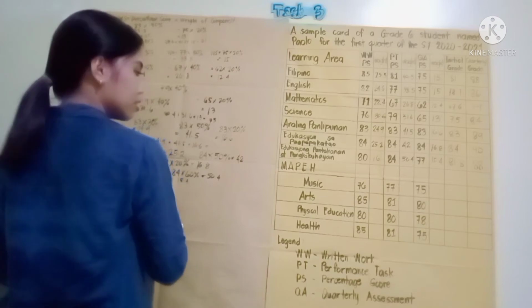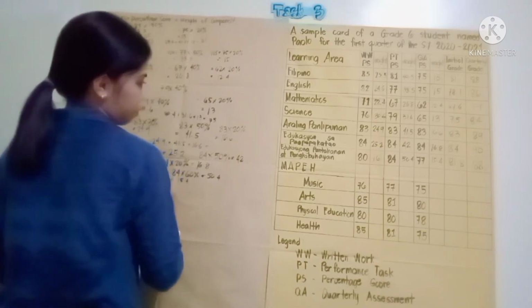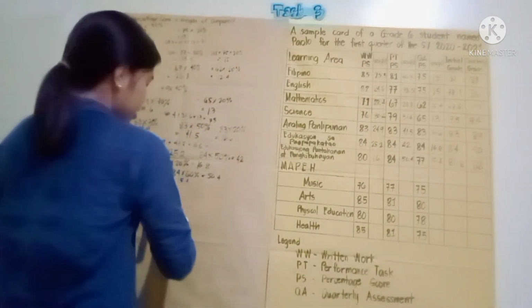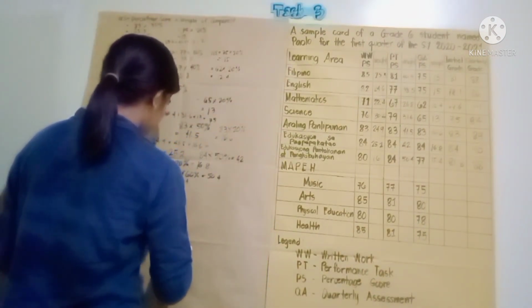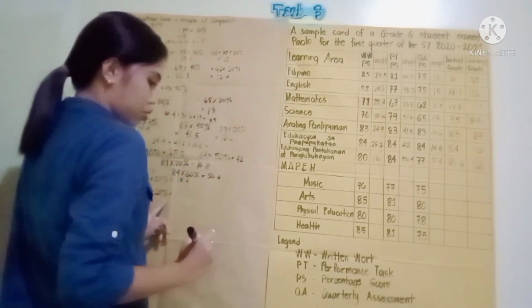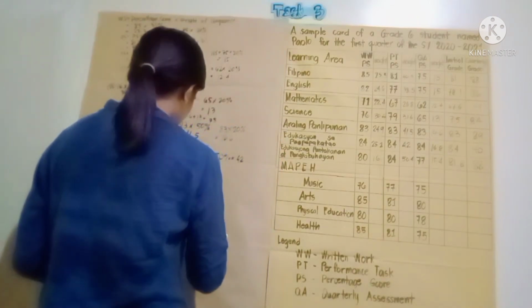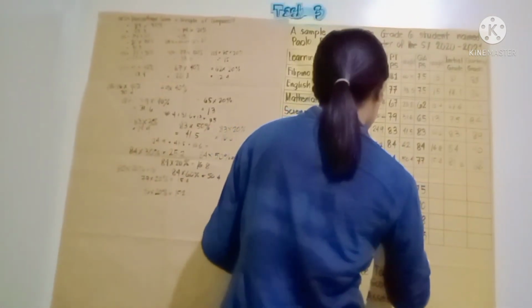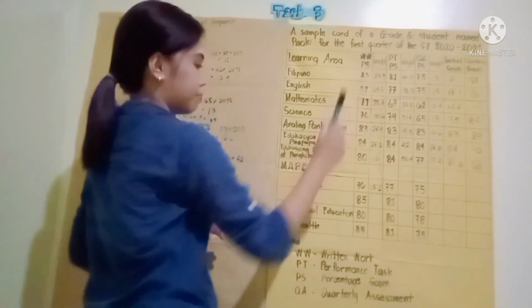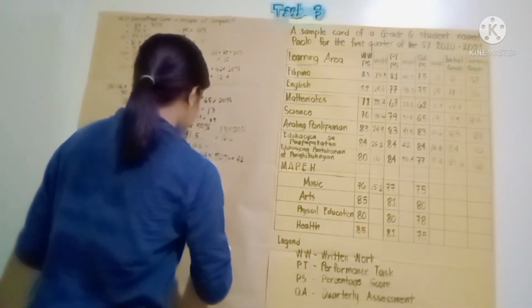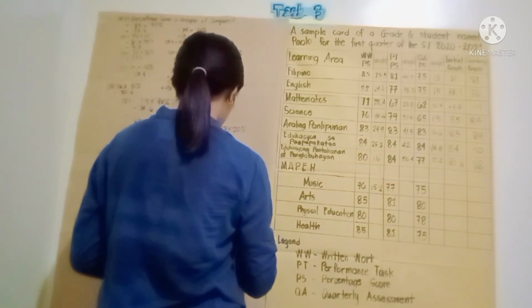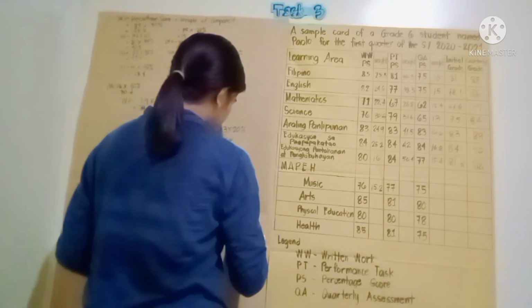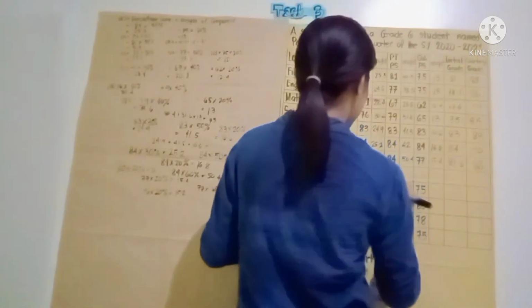Music: 76, which is the percentage score in written works, multiplied by 20%, which is the weight of component for the written works in music, is equal to 15.2. 15.2 is the weighted score. Next is 77 times 60% is equal to 46.2.